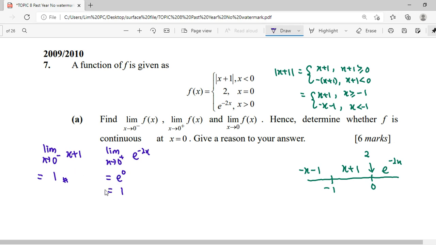So we can give our reason here: since the limit from the left hand side of 0 of the function is the same as the limit approaching 0 from the right hand side, we can conclude that the limit at the point 0 definitely equals 1. So that will be our first part. We look at the one-sided limits and conclude the limit approaching that point.